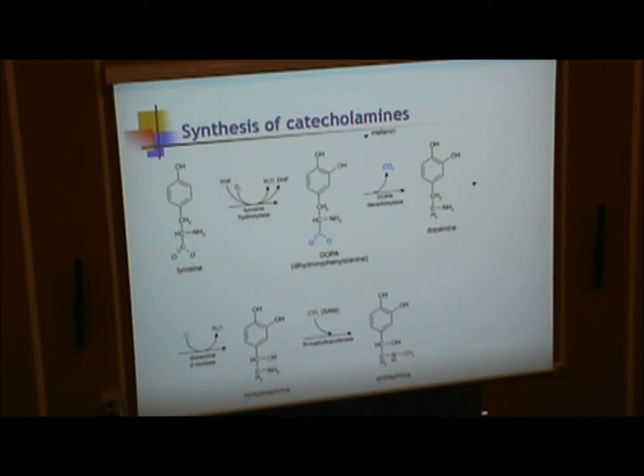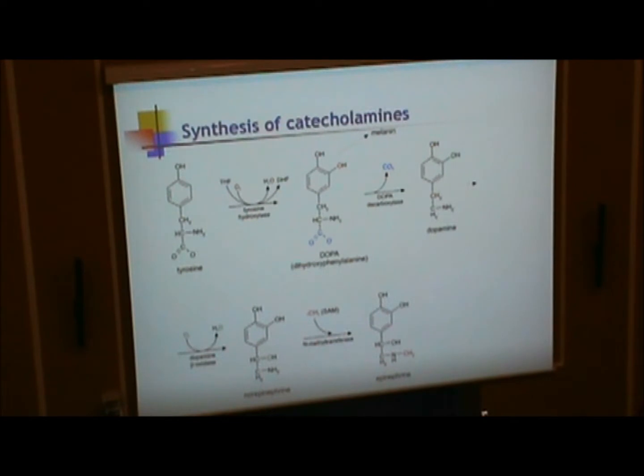I will tell you shortly about this coenzyme, S-adenosyl methionine. S-adenosyl methionine is a donor of the methyl group. It replaces one of these hydrogens, like you see it here.